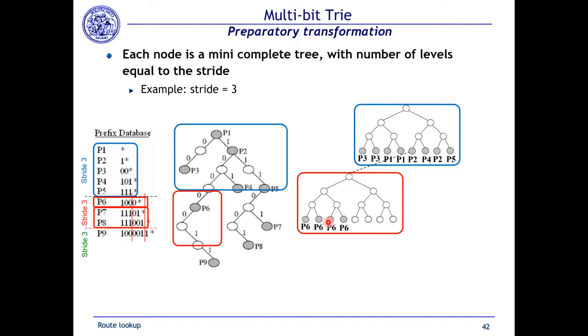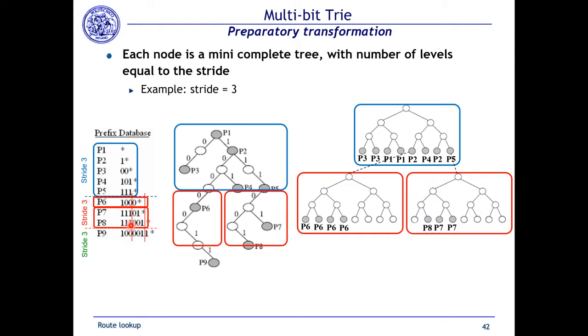Now we go on. There is a remaining subset of prefixes that corresponds to a branch attached to another node of the first subtrie, so you need another subtrie to represent it.